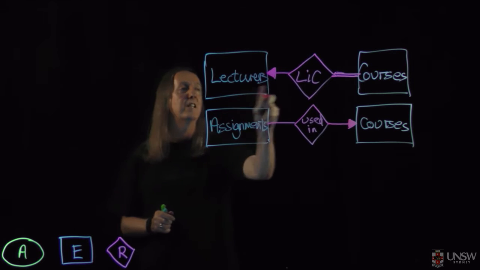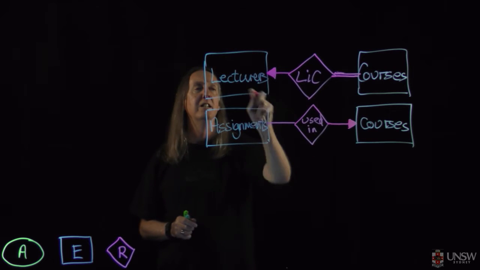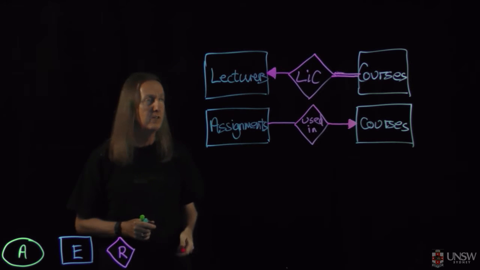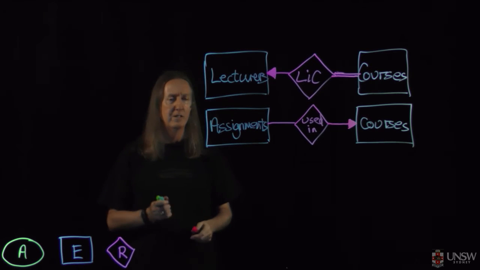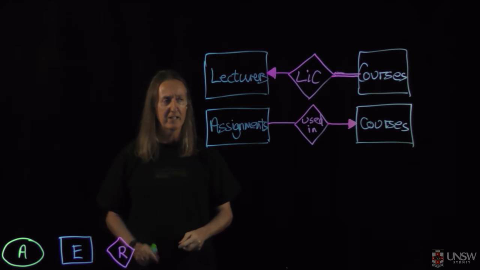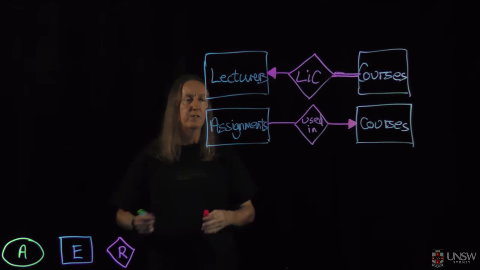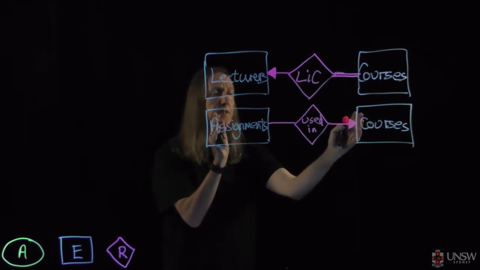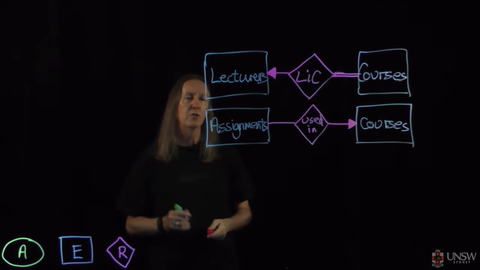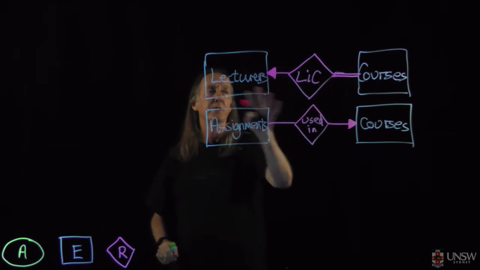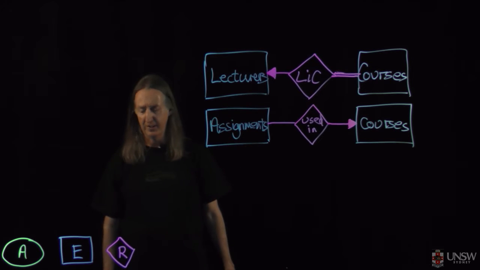And the fact that there's no arrow up here means that a given lecturer could be the lecturer in charge of several different courses, but each course will only have one lecturer in charge. If you remember back to the original requirements, the fact about assignments and courses is actually specified by two bullet points. This relationship here was specified by a single bullet point.